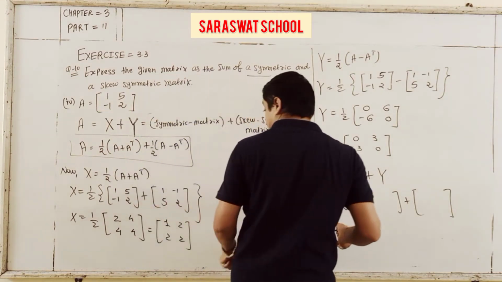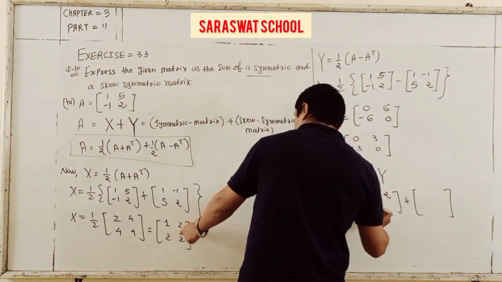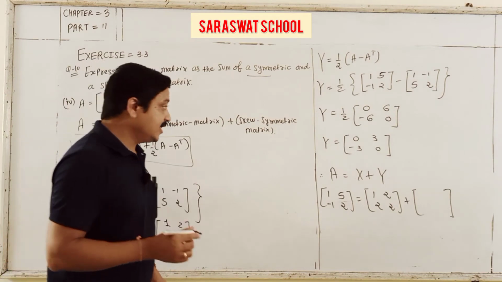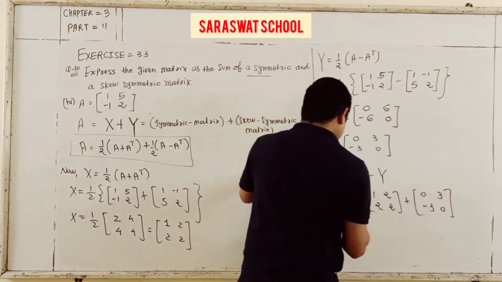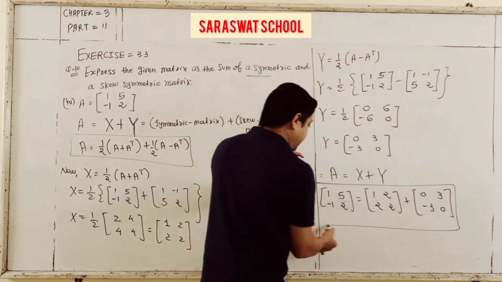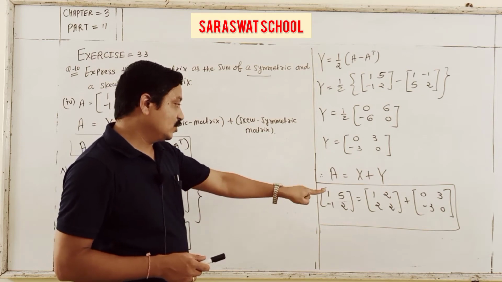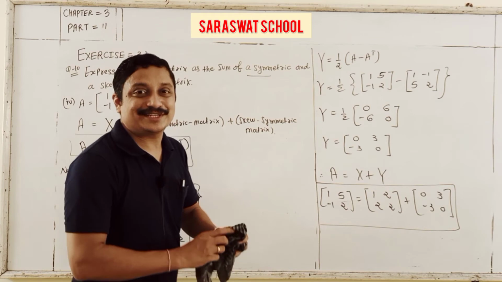Here X becomes 1, 2, 2, 2, and Y is similarly 0, 3, minus 3, 0. Now you attach and add both. It is 5 and 5 added, here 2 and 3, minus 1 and 2, plus 0, 2. That's the answer here, students, for question number 10.